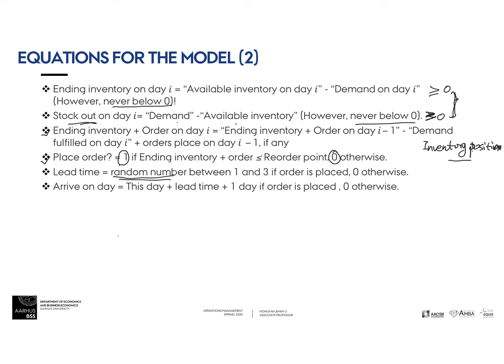So this day plus lead time plus 1 day is when your order actually arrives. So you have a stochastic lead time. If the lead time is 1 day, then your arrival day is the current date plus the lead time plus 1 more day, because this new inventory can only be used at the beginning of the day.